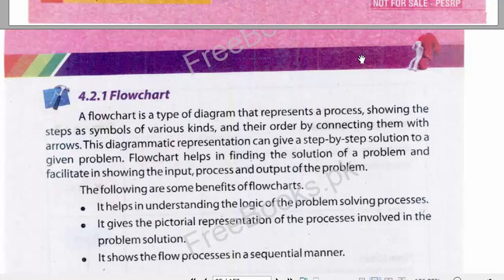A flowchart helps in finding the solution of a problem and facilitates showing the input, process, and output of the problem. In flowcharting we draw flowcharts to understand the flow of the program, or you can say the problem. In a flowchart we draw the input and also draw the processes. Using arrows we define the flow of the program and also write the output.